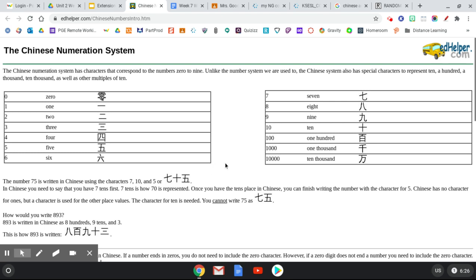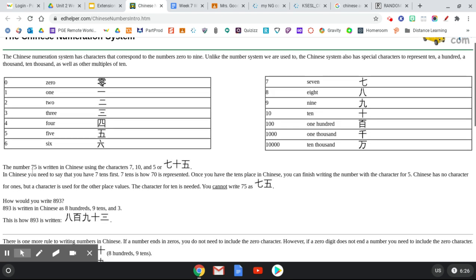It has the same visual here, but then if it shows you, for example, the number 75, you use the 7. So if you go over, you can see this symbol and this are the same. But to show that it's in the tens place, you put the symbol for 10 there. So I have 7 tens, and then 5 ones. And so the ones are the ones that you just leave, 5 ones.